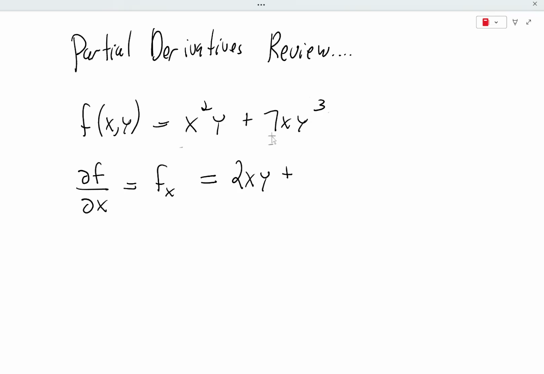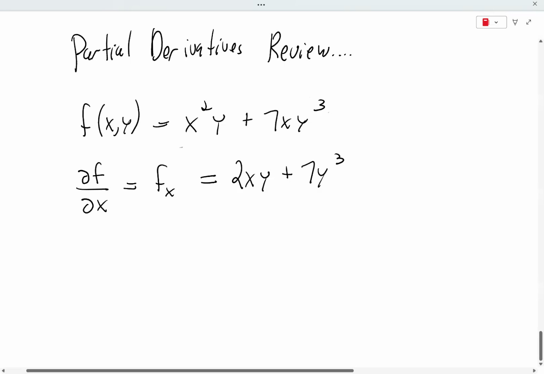In other words, you treat the 7y cubed like a constant there, and that's just going to be 7y cubed. That's the partial with respect to x. It's not really too hard once you get used to it. You just treat the y like a constant number, and you end up with that.